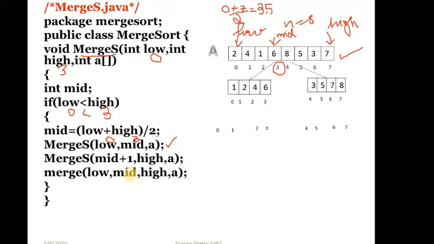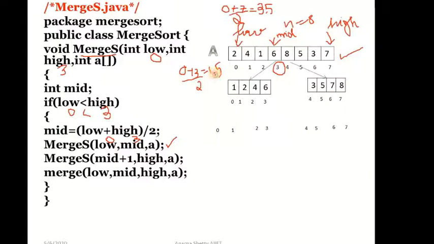Mid is equal to low plus high by 2. So low is 0, high is 3. 0 plus 3 divided by 2, correct? It will give you 1.5.